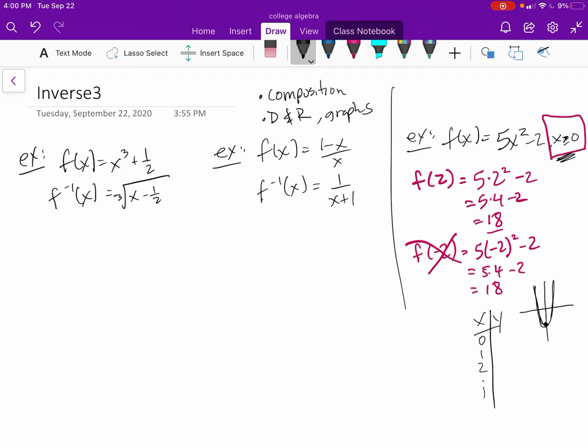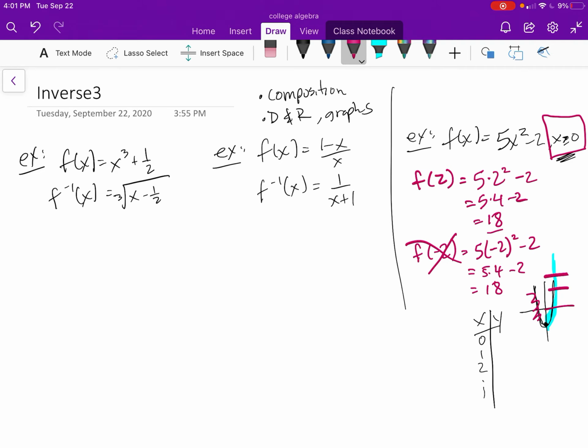But if I wiped out half of it, if I'm only looking over here, it is a function, and it is one-to-one now. It would pass the horizontal line test because this side doesn't even count. All right? So I had referenced that before, and that is something that could come up.